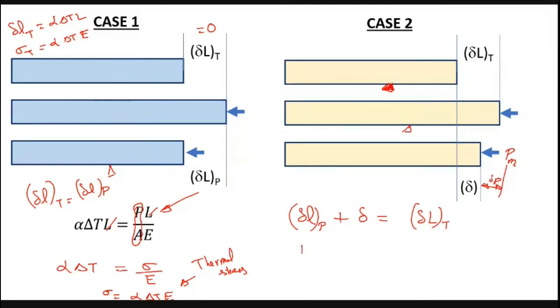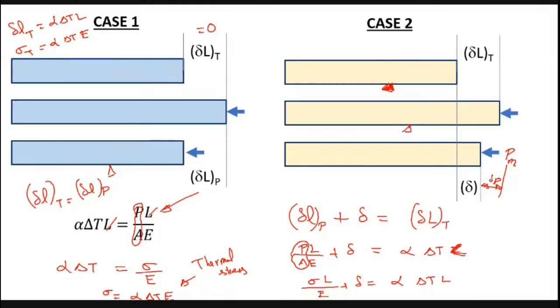So this one is PL by AE plus this del is equal to alpha del T into L. Okay, so I need the stress. We know that P by A is stress, so I can't cancel L. Stress times L by E plus del is equal to alpha del T into L.